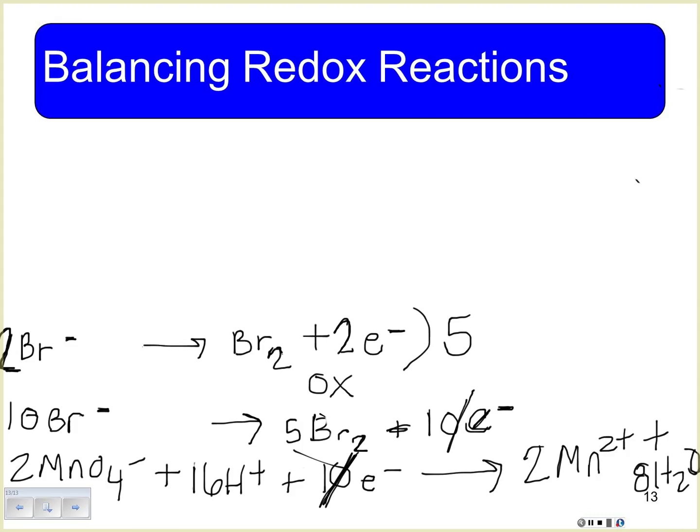I don't see anything else. Do you guys? Okay, so then we just take all of our reactants. You may want to have them lined up better than I have here. Everything on the left side of the arrows, and then take everything on the right for the products.